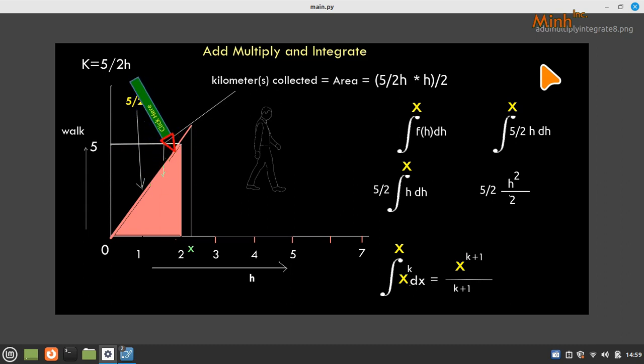Okay, how much distance has he travelled in x hours?